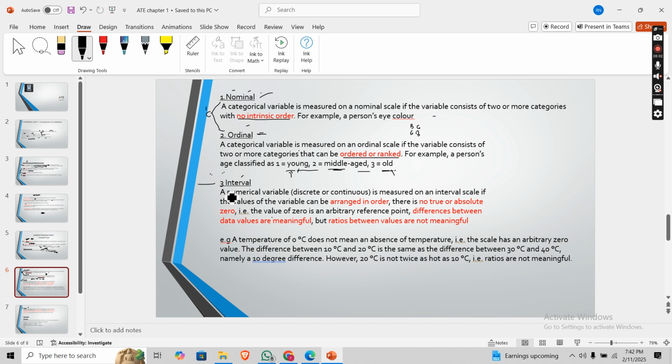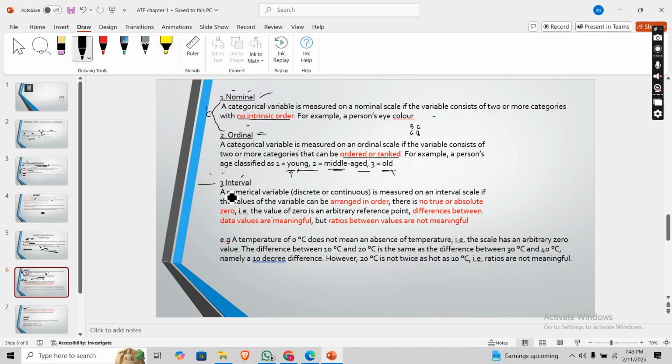Standard number 1: 0 is an arbitrary reference point, which means that 0 does not mean that there's nothing. Number 2: the difference between the data values is meaningful.